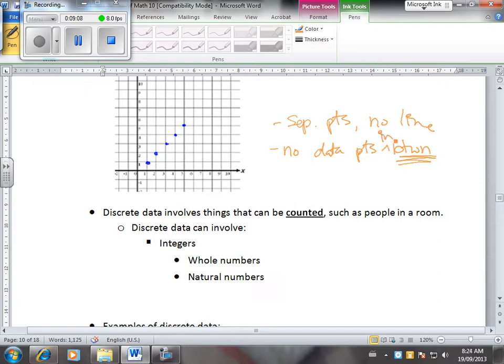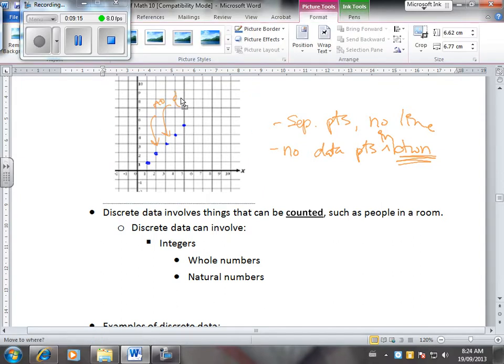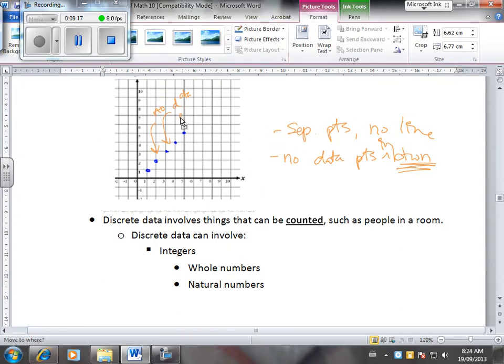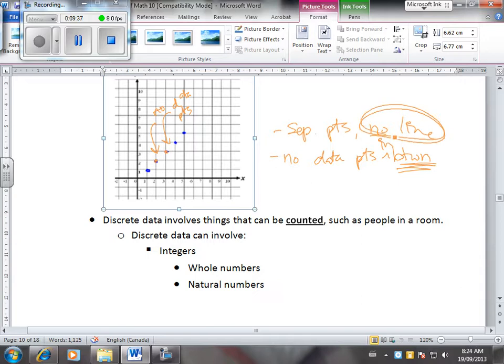So if you look like here or here, there's no data points. Right? There's nothing in there. There's only, say, 0.2, and the next point is 3.3. There's no 2.5. That doesn't exist here. So there's no line.